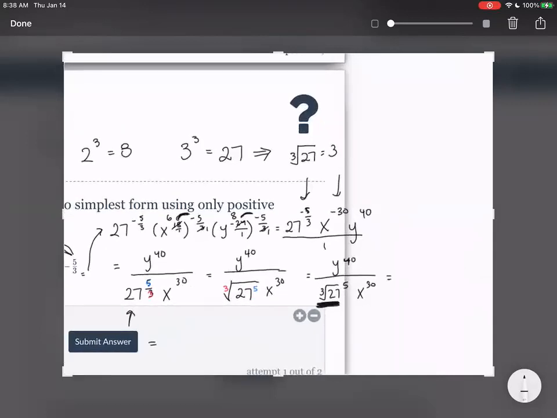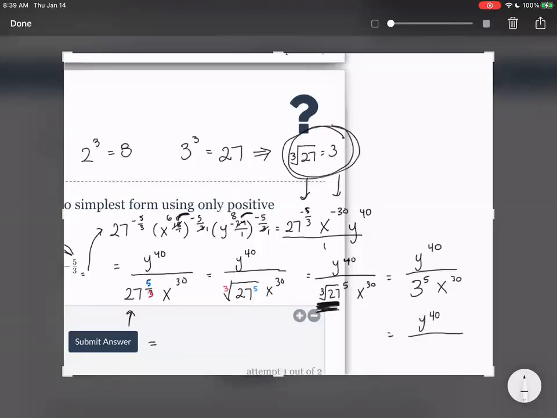Y to the power of 40 stays on top. But where we have the cubic root of 27, we know that the cubic root of 27 is 3. So I replace it with 3 to the power of 5. And then x stays to the power of 30. So then finally, to simplify all the way, we're just going to figure out what 3 to the power of 5 is.